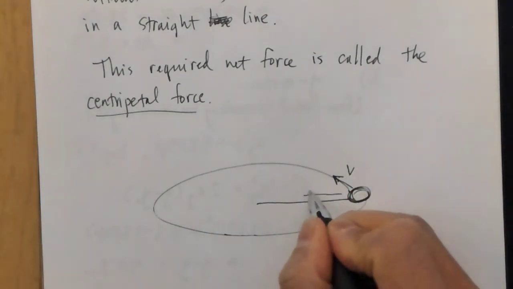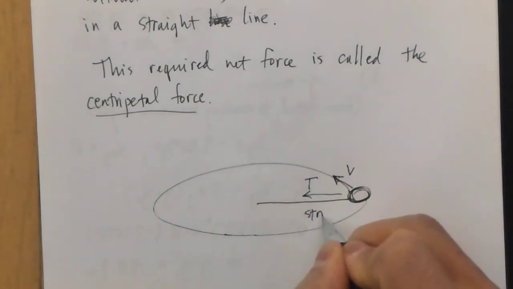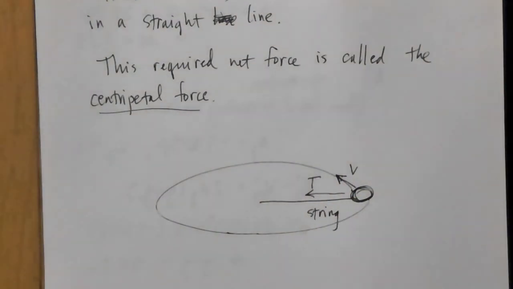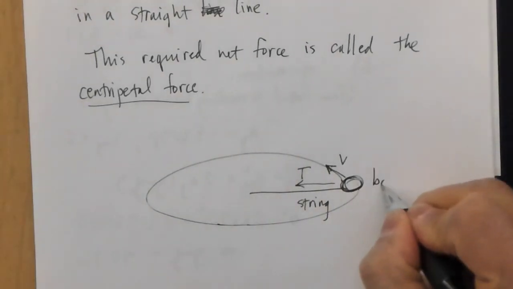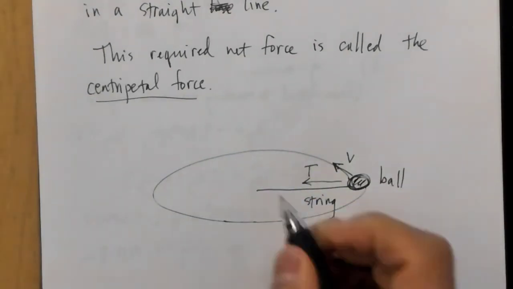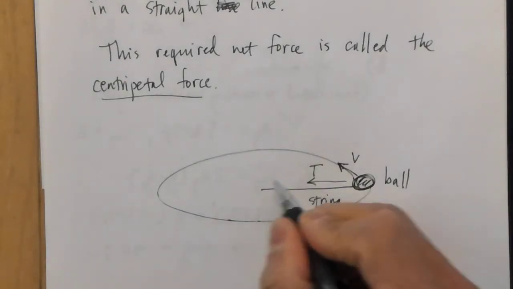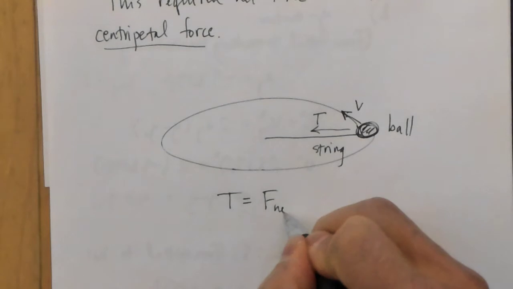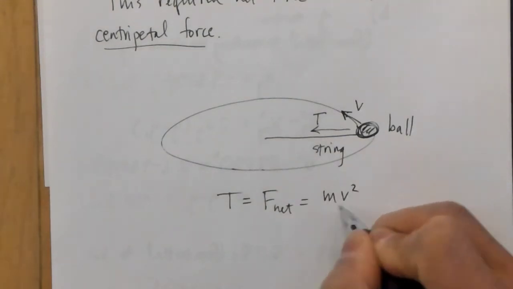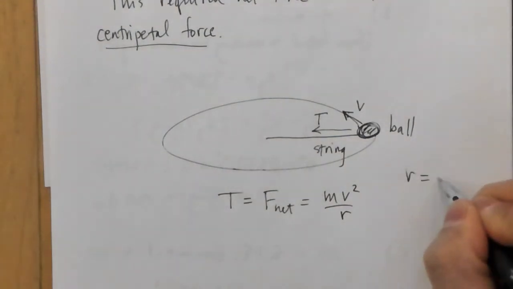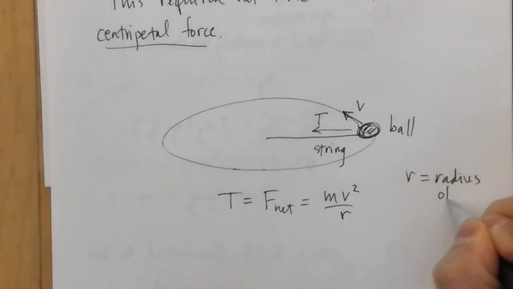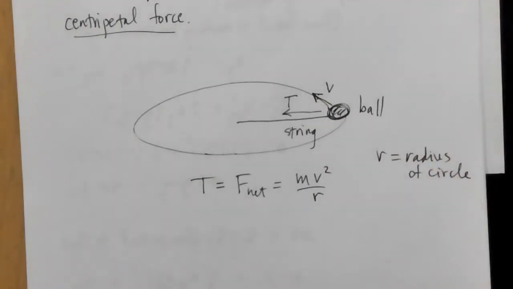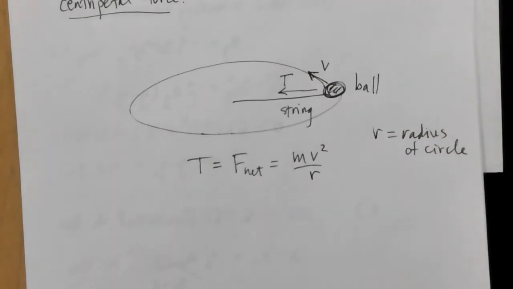Then we have the tension of the string, pulling inwards. The tension is equal to the net force, which is equal to mv squared over r, where r is the radius of the circle. Are there any questions about this?